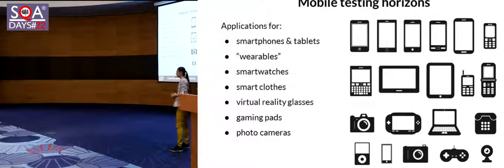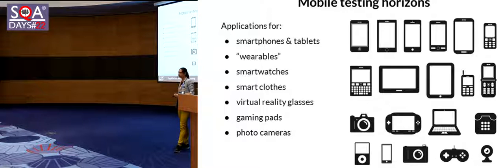So we talked about some factors and some statements, but what about devices? Because it's also a matter of the complexity of the mobile testing field. I see there are more of them than just smartphones.